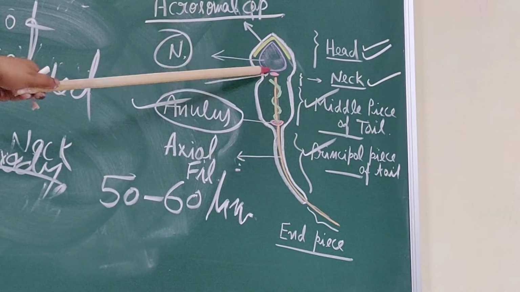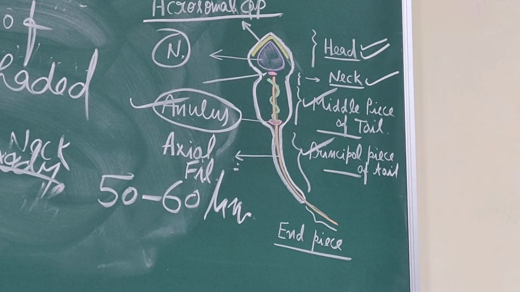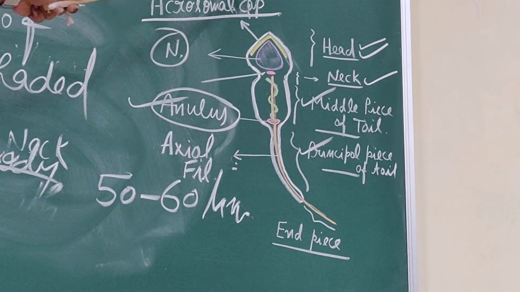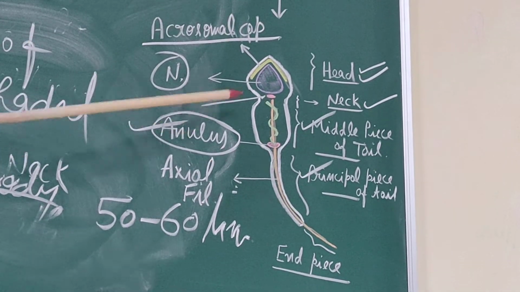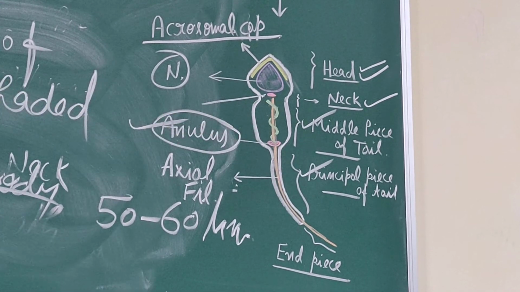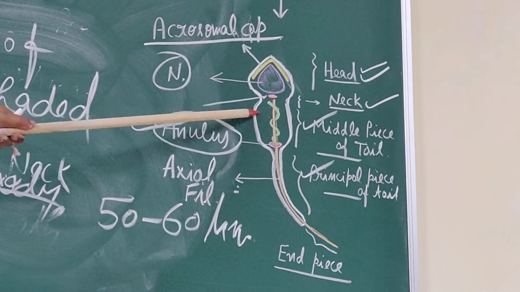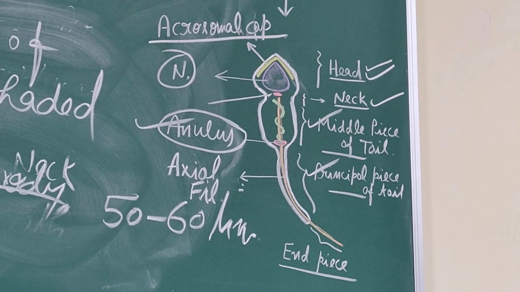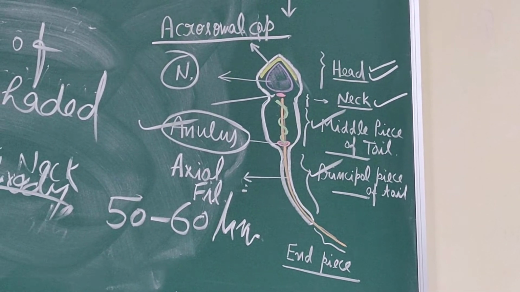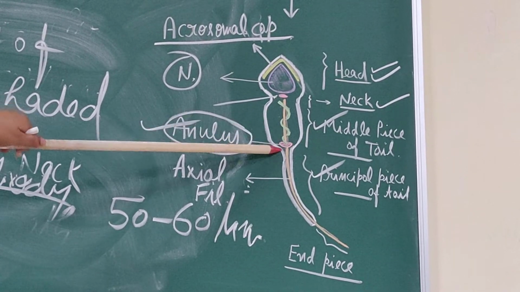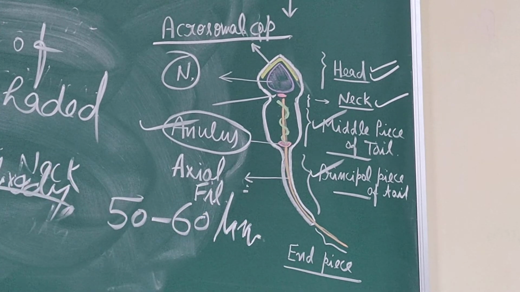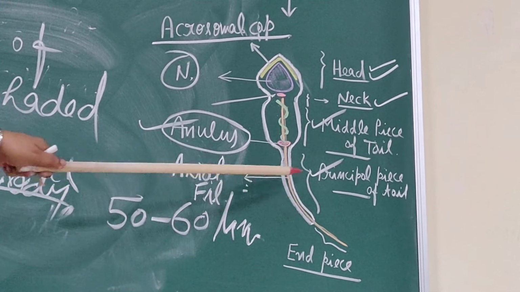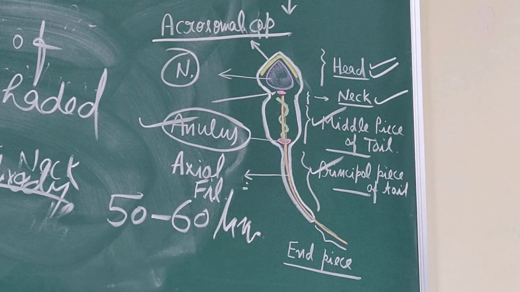Now behind the centriole, there starts an axial filament derived from the centriole, and this is known as the body, or you can say the middle piece of the tail. Now this part is the tail. The tail is divided into the principal piece and the end piece.